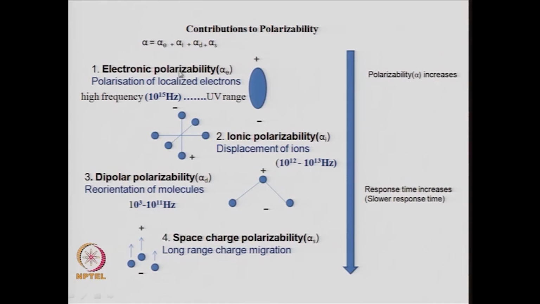Then only the electrons can change, and they will contribute to the polarizability. So, the ionic polarizability becomes important only at frequencies lower than 10 to the power 13 hertz, and then they contribute to the polarizability, which is called the factor alpha I.